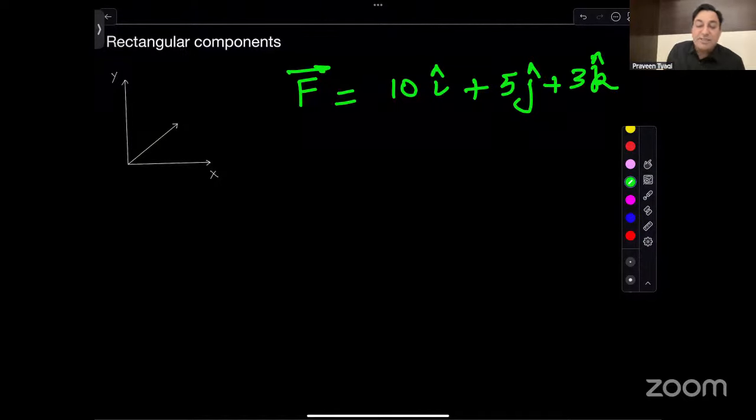Now, the X component of the force is Fx. The Y component of the force is Fy, and the Z component of the force is Fz.